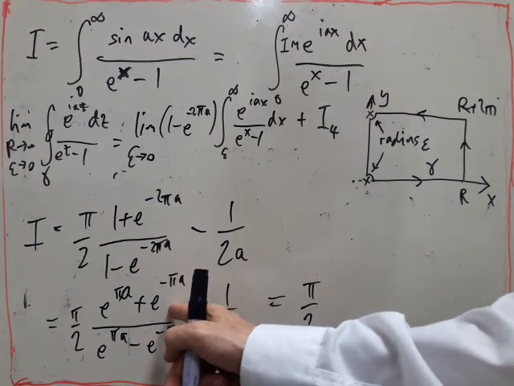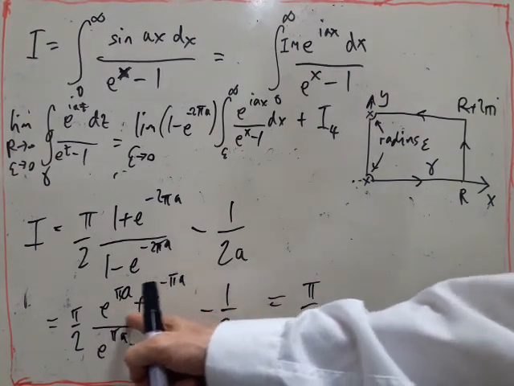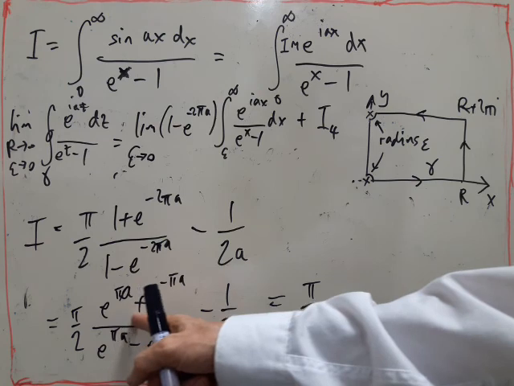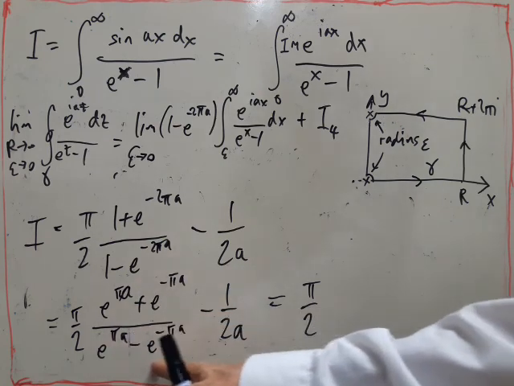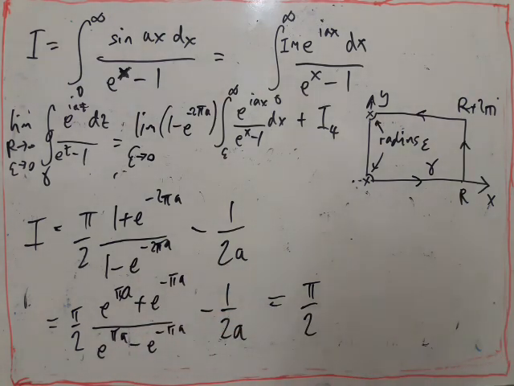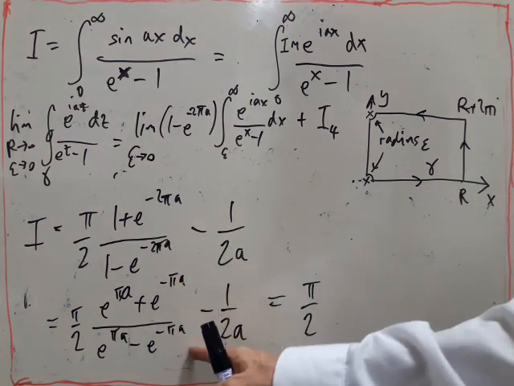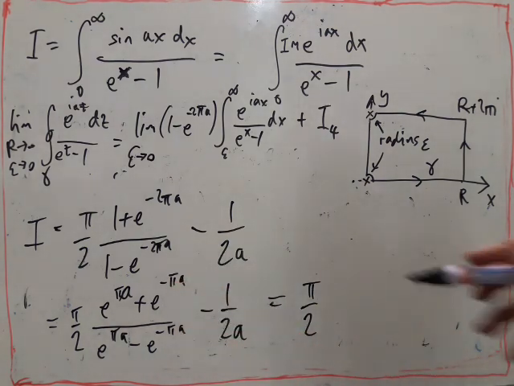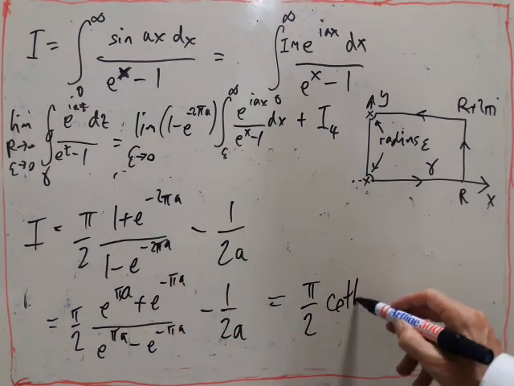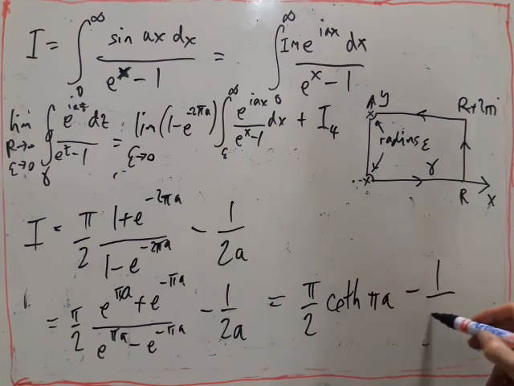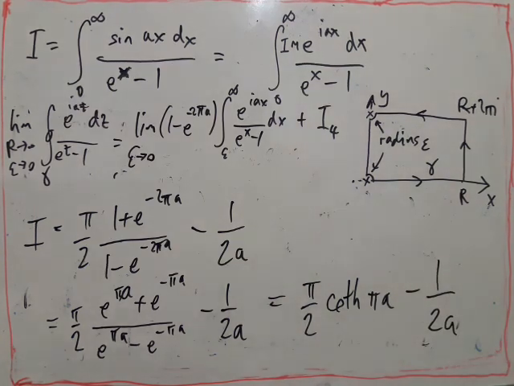Then we recognize this as something: it's 2 times cosh pi a, and this is 2 times sinh pi a. So it's cosh over sinh, which is coth. So it's coth pi a minus 1 over 2a is the final answer.